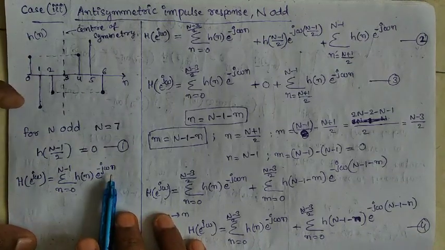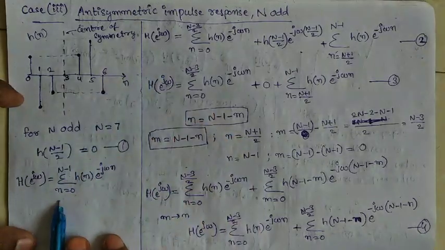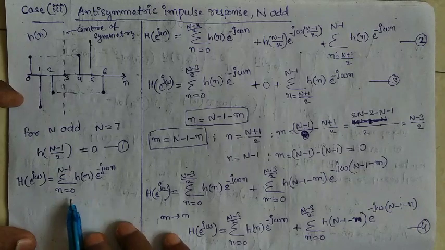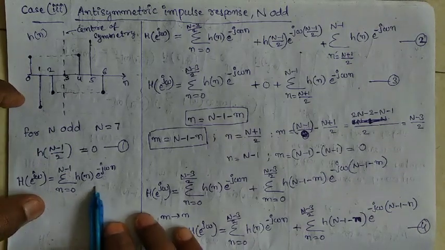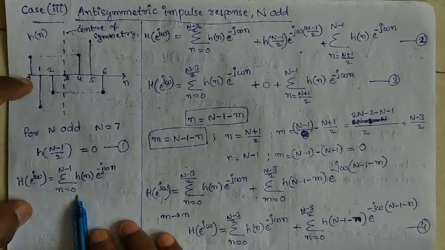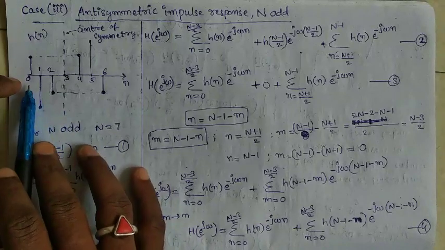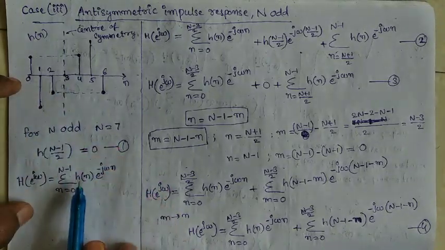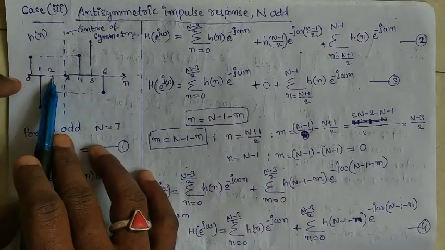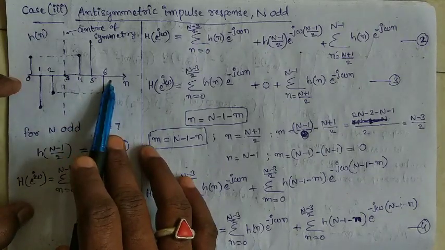Now we are dividing this summation into 3 summations. For capital N equal to 7, based on the impulse response, we are dividing it into 0 to 2, the third sample, and 4 to 6.